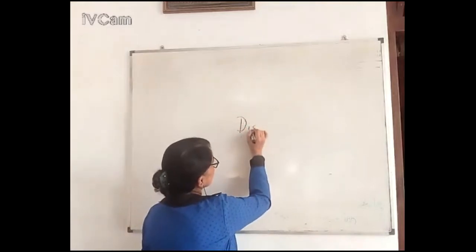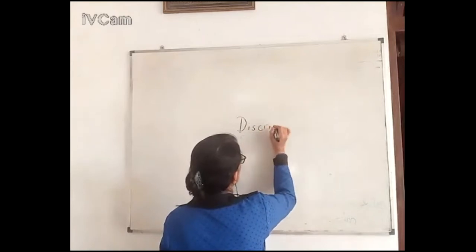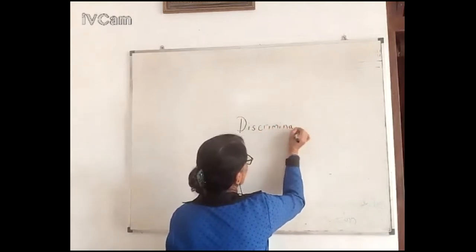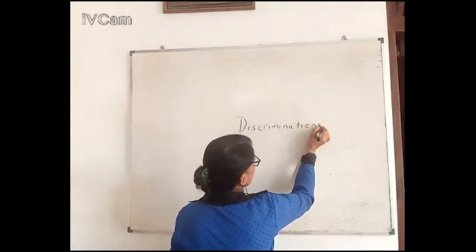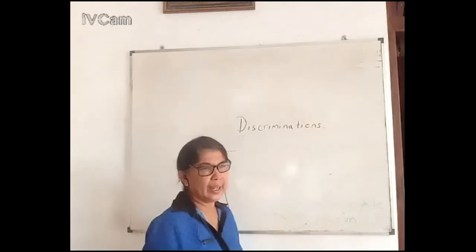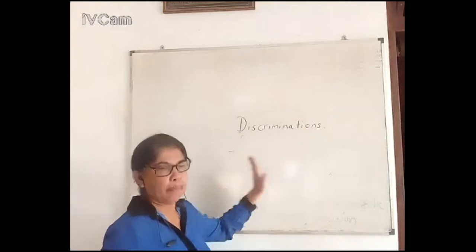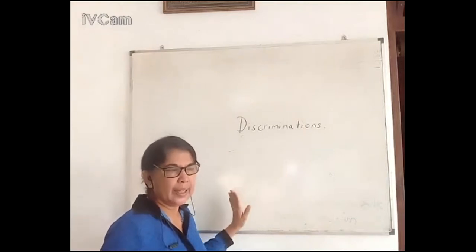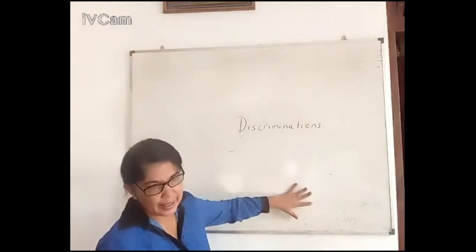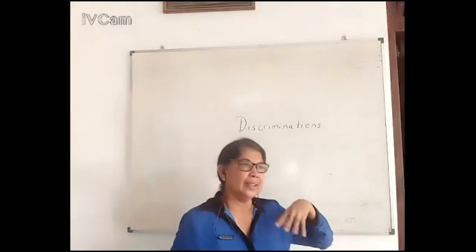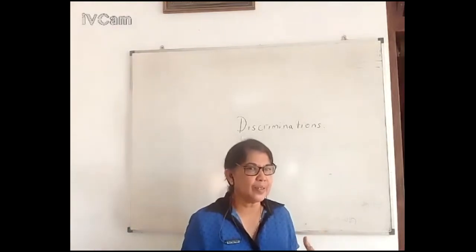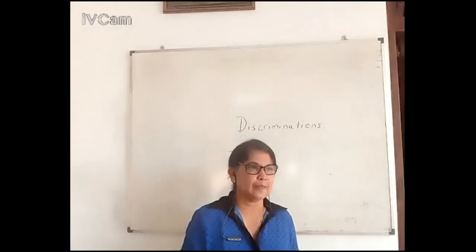Discriminations due to different reasons, as you told: the ethnic problems, poverty, then the color discrimination. Now think of some other country and tell me if there are some other discriminations.